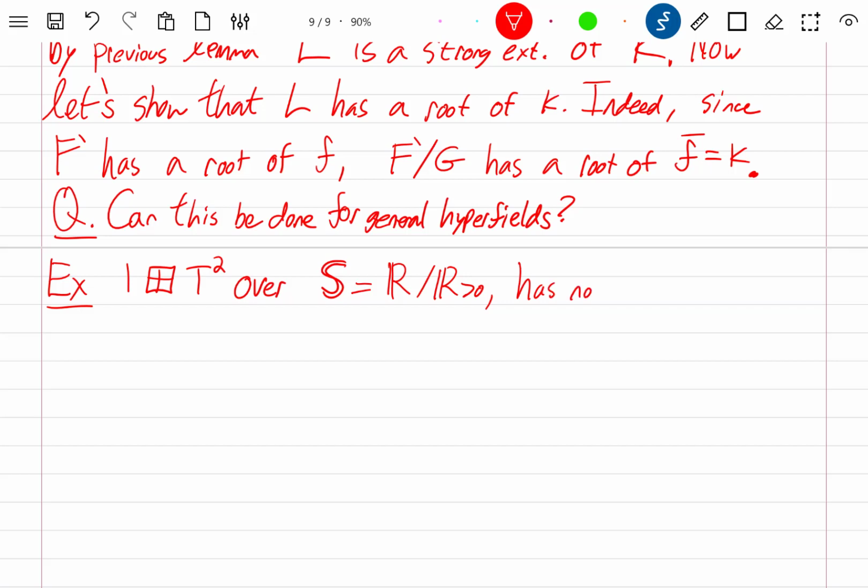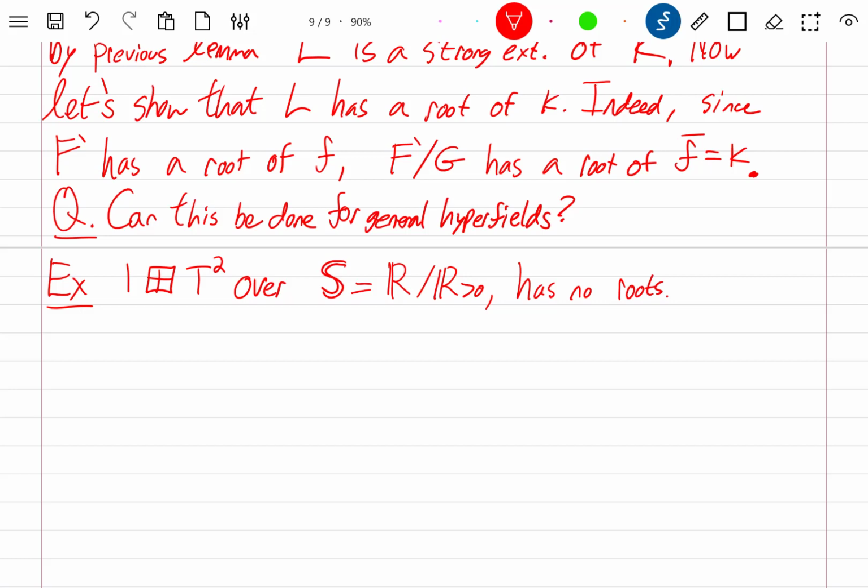This has no roots, because whatever I plug in for t, if t is negative, positive, or 0, when I square it, it will be either positive or 0, and if I add something positive, plugging anything into this polynomial over the hyperfield will just return 1. So this has no roots.